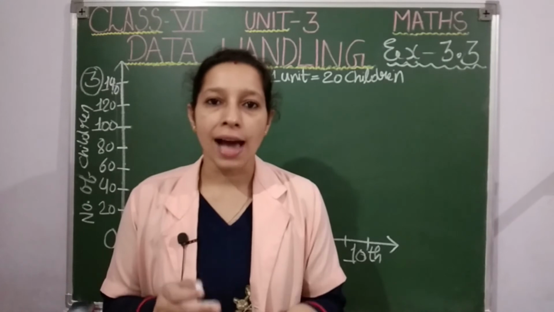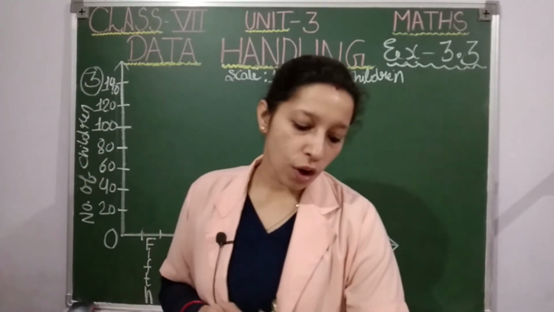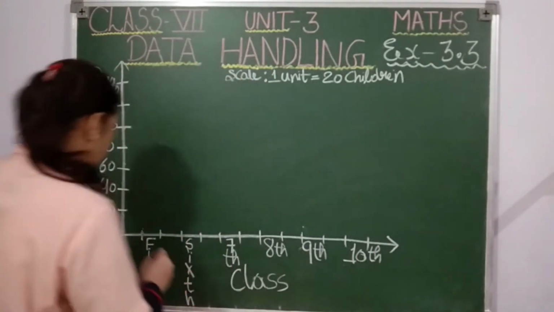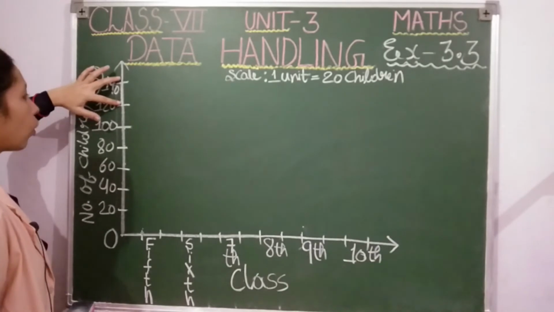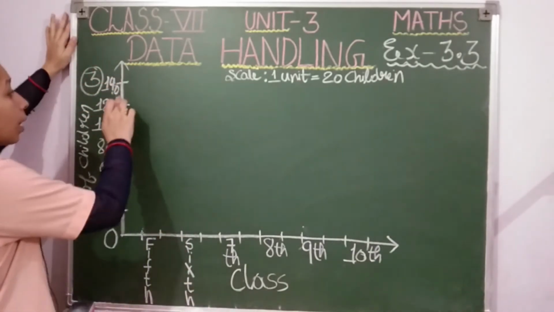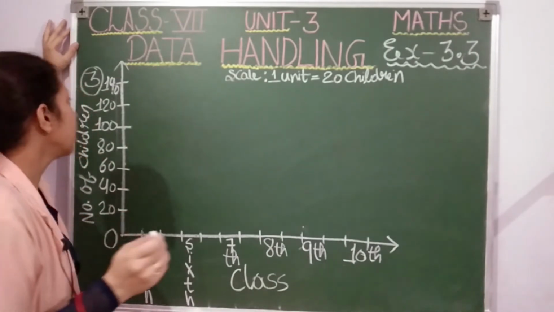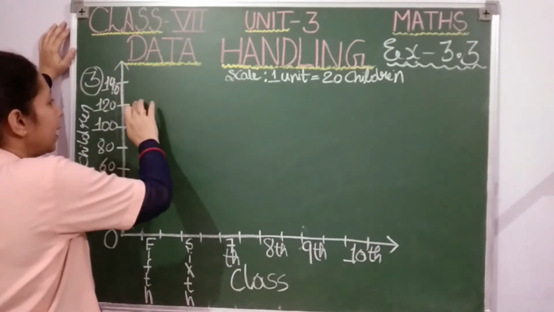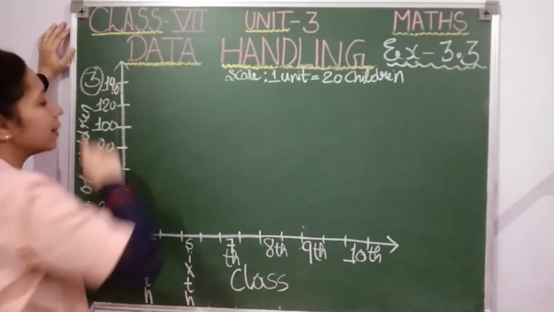Okay, now it is very simple. We'll just take the class, see the number of children and mark it on our bar graph. So for 5th it is 135. So go to 5th, 135 students. Here between 120 and 140 your 135 will lie. Exactly between 120 and 140, what will come, students? See, we have taken a gap of 20, so here it will be 120, 130, and then 140.